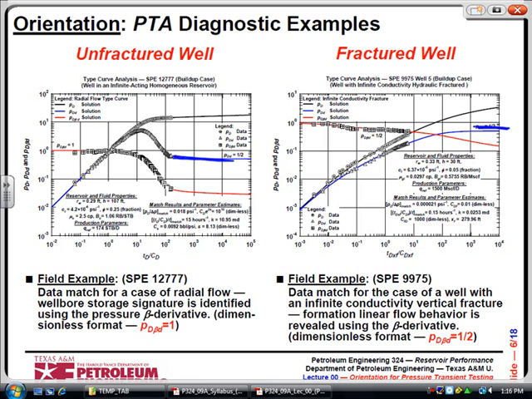Now, I need you to distinguish something very quickly. The data are our measurements. The line is a model characteristic. Does everyone understand that? If there are no data, then we have no idea what the model is, right?